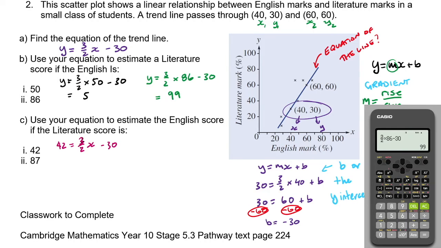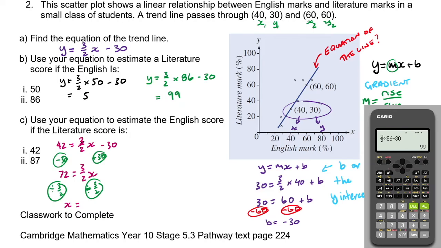I'm going to add 30 to both sides. Which gives me 72 equals 3/2x. I now divide both sides by 3/2, which will give me, it should give me 48.